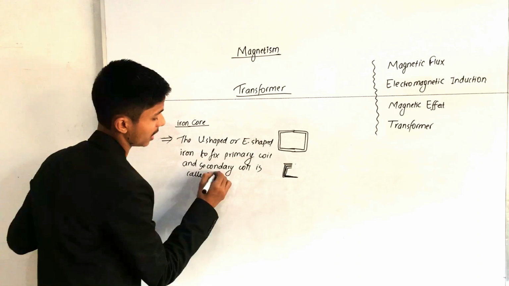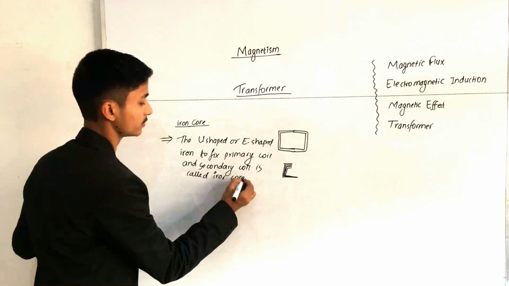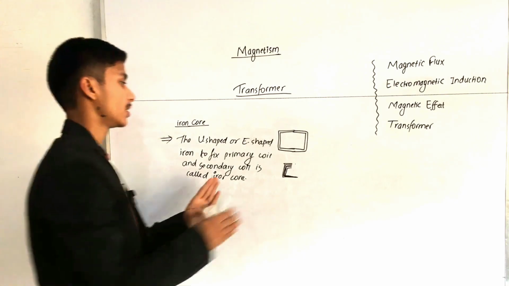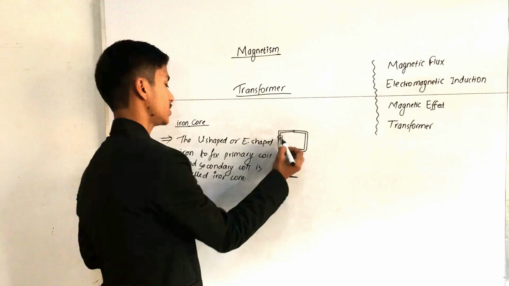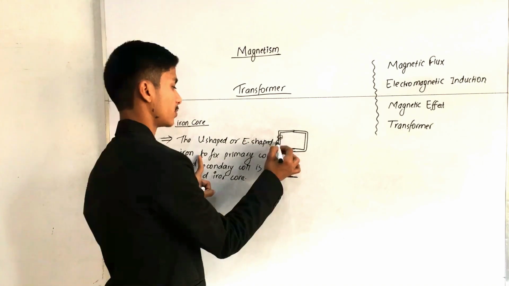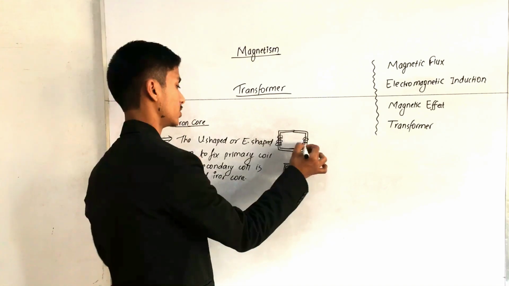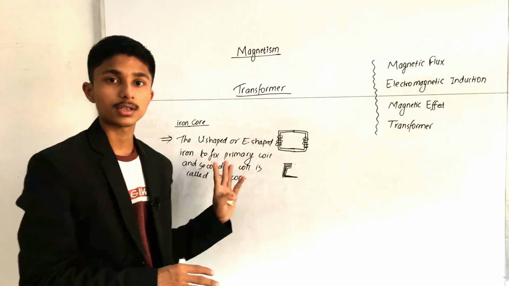This is called iron core. Here, E-shaped or U-shaped, in which the primary coil is fixed here and the secondary coil is fixed here. So this is called the core.